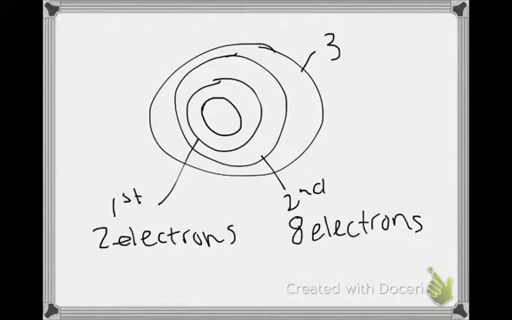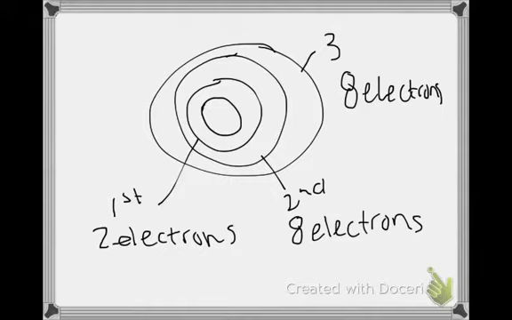And the third can also have 8 electrons. Now, if you look at the periodic table, there are 118 elements. When you add up all the electrons, it gets you 18. You can continue to do this for all 118 elements. It's just not as easy.